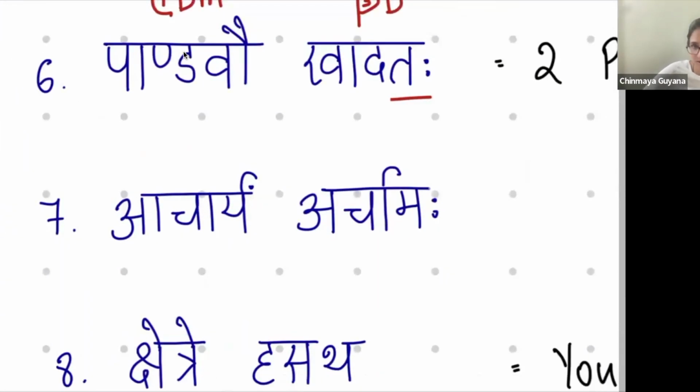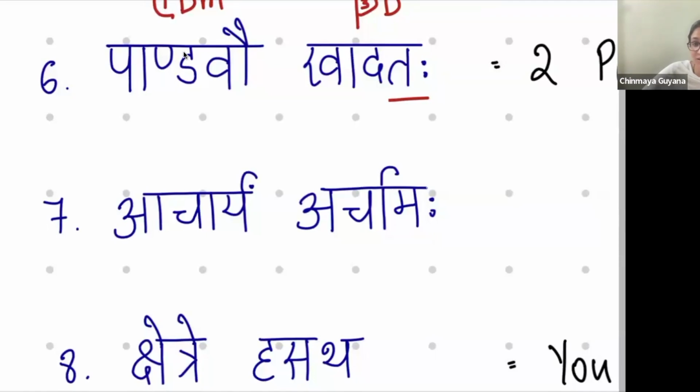Acharyam archamaha. I hope that everyone didn't get tricked in this. Yes. What is our verb? Archamaha. What is our subject? Don't say acharyam. Archamaha. Amaha is what person? Amaha is first person. Archamaha is first person plural.